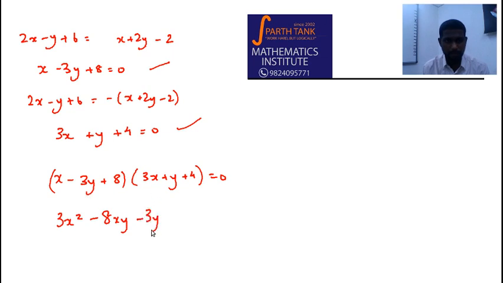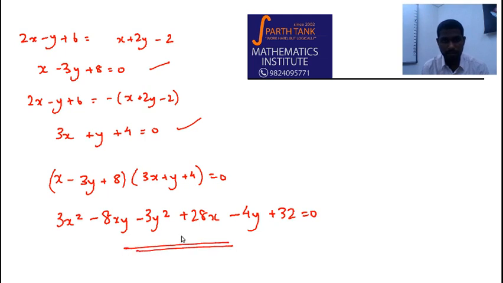Minus 3y squared. x term, x into 4, 4x plus 8 into 3 is 24x, so 28x. And the y term, minus 3y into 4, minus 12y, minus 12y plus 8y, so minus 4y, and then 8 4s are 32.